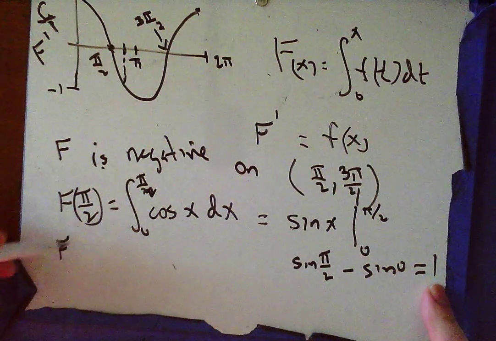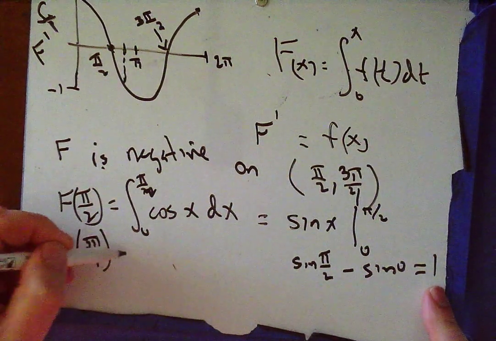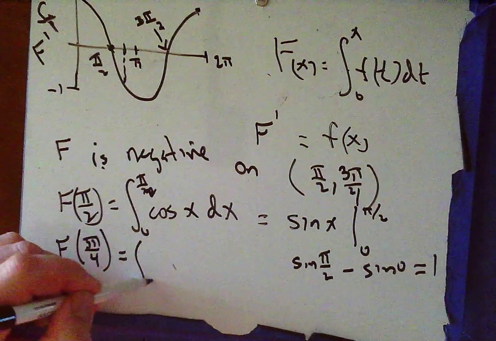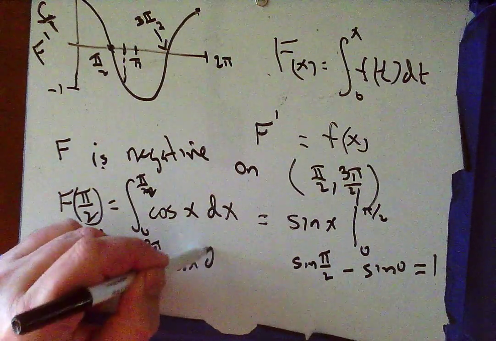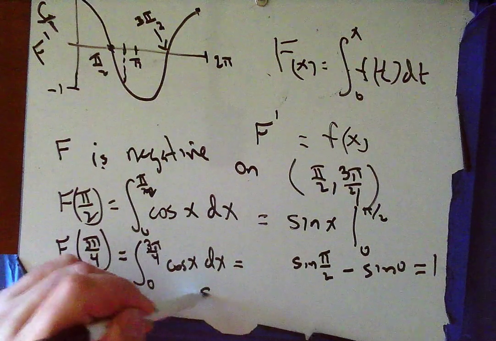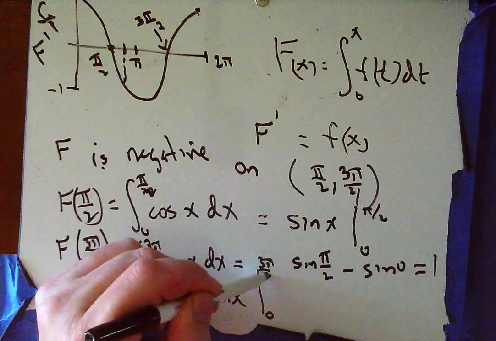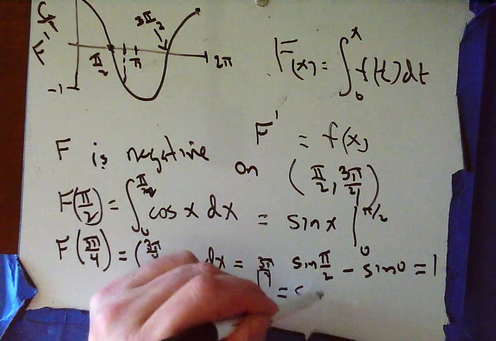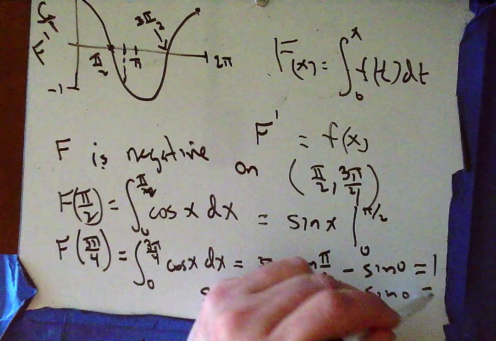Now, what about at 3 pi over 4? Well, that's again the integral from 0 to 3 pi over 4 of cosine x dx. And that's going to be sine x from 0 to 3 pi over 4. Sine of 3 pi over 4 minus sine of 0.